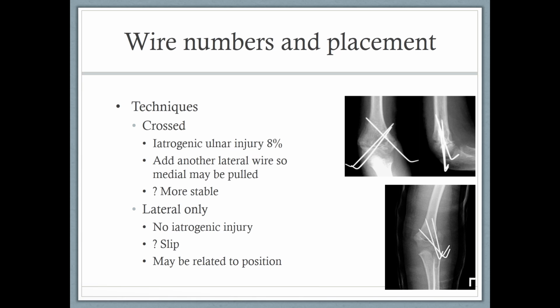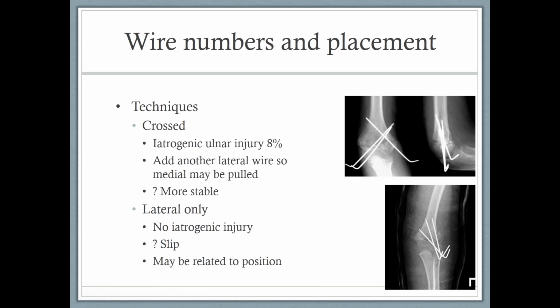The techniques, they can be crossed. We do know that we are going to have an ulnar injury in 8% of patients. We can then add another lateral wire so that the medial wire may be pulled, but you still need to warn the patient that we may be injuring a nerve, and that injury, while it is going to most likely recover, might take some time.